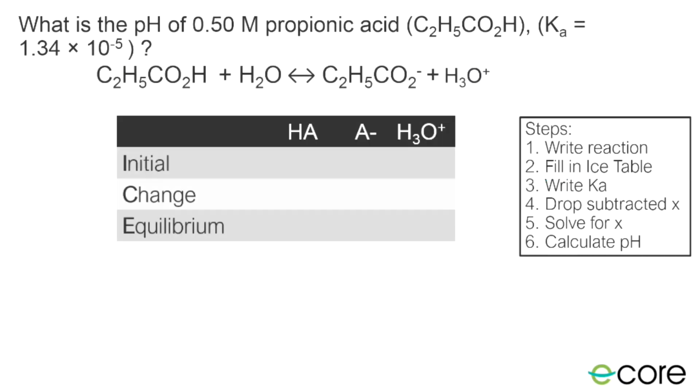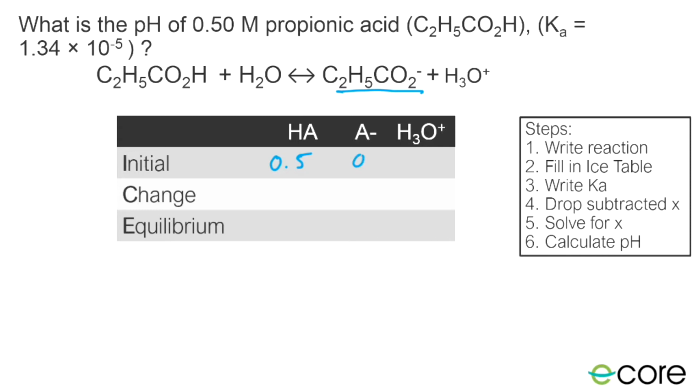So I've generated here a nice ICE table for us to fill in. And we're going to fill this in just like we did for our other equilibrium problems. We're going to put in the initial concentrations of our acid. That's 0.5. The initial concentration of A-, that's our dissociated acid, the ion that's left over after the hydrogen ion leaves, is always going to be 0.